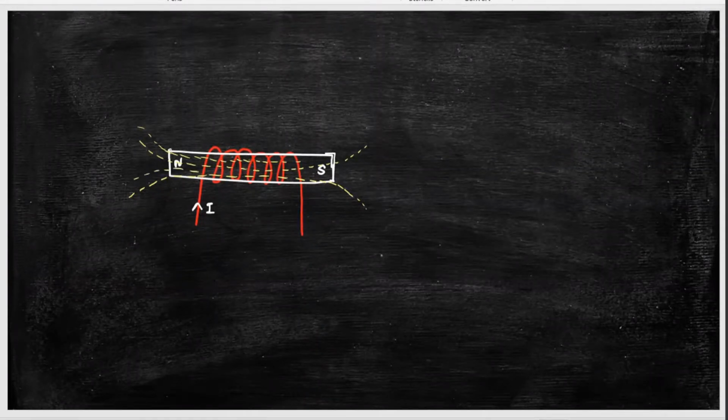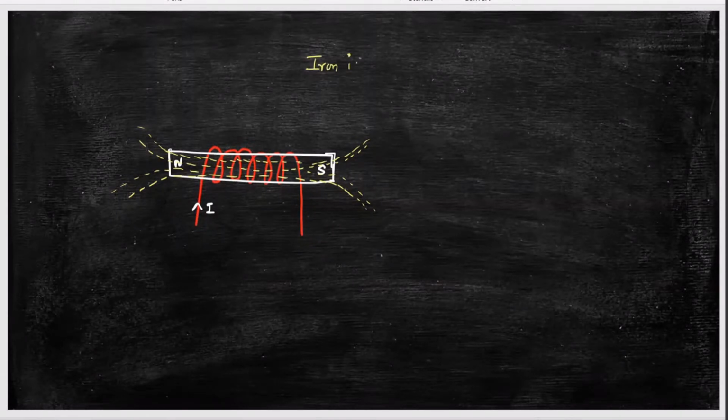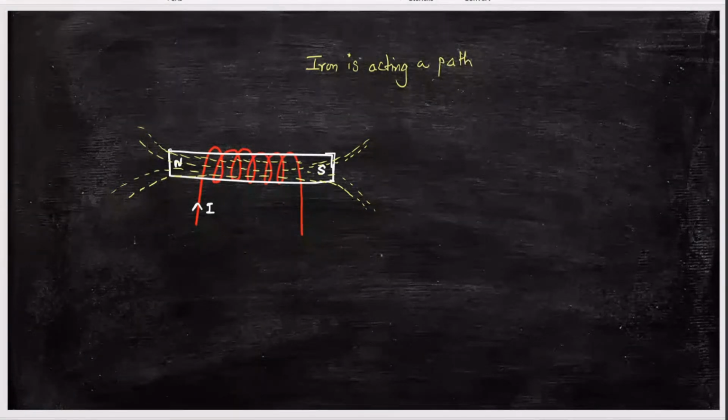Now this iron piece is acting as a path for the flux.